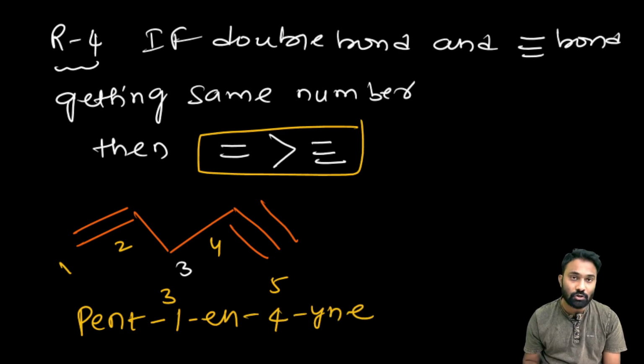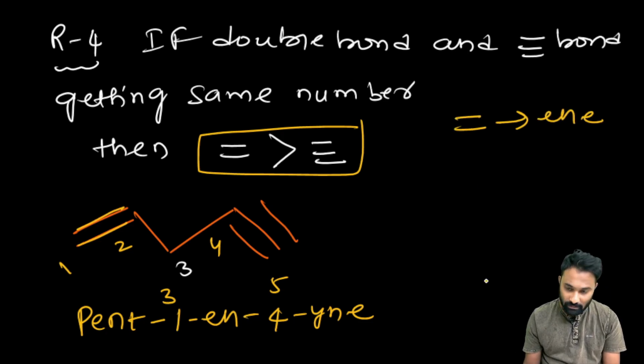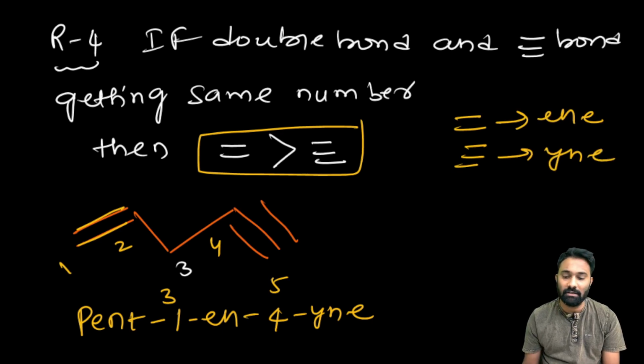Then here also one key point you have to remember. See, while I was writing the double bond, here the double bond will be given as ene. Clear? The triple bond will be given as yne. Triple bond will be given as yne. But the e of ene was not represented. This is a very key point you have to remember.